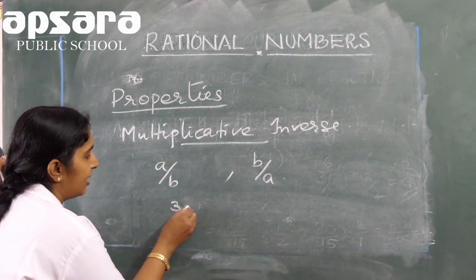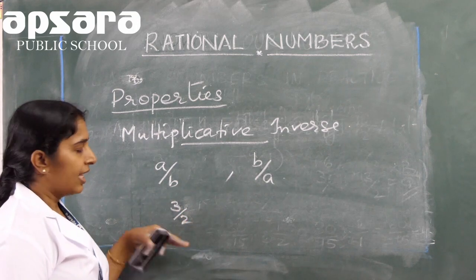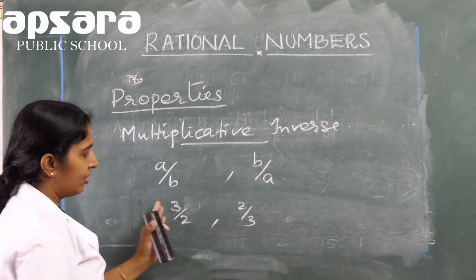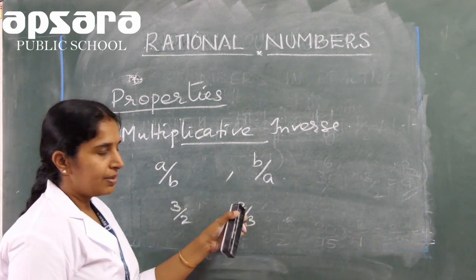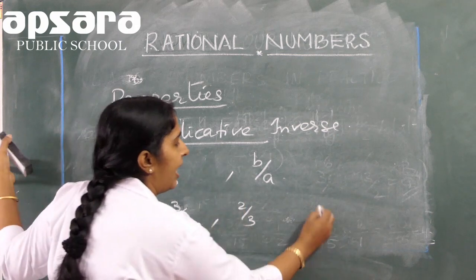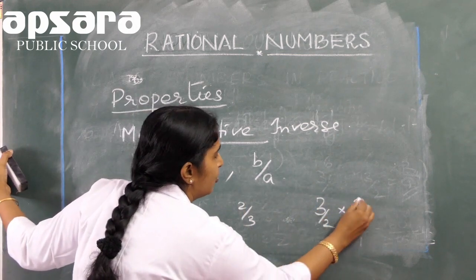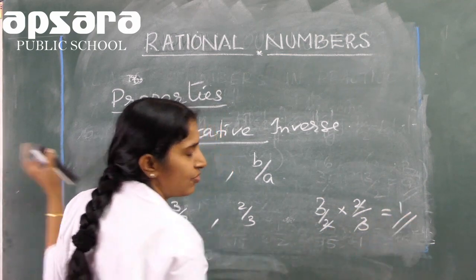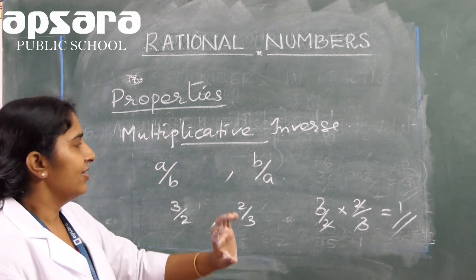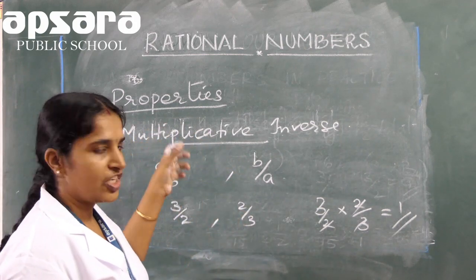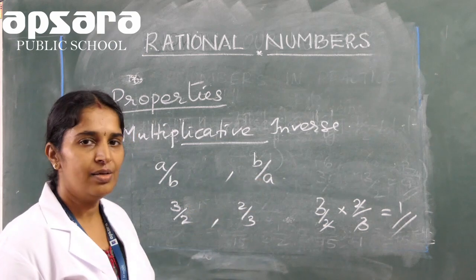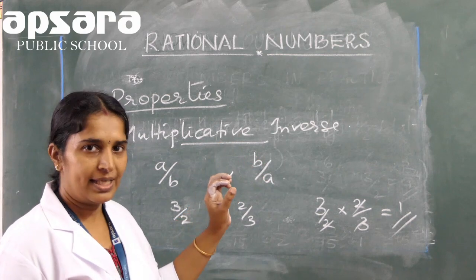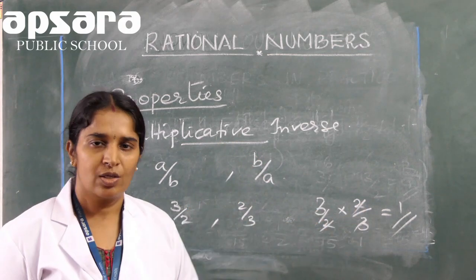For example, 3 by 2 is a rational number, multiplicative inverse is 2 by 3, and when you multiply 3 by 2 and 2 by 3, will you get the answer as 1? Yes. So by interchanging the numerator and denominator, you will get the multiplicative inverse, and when you multiply a rational number with its multiplicative inverse, the product will always be 1.